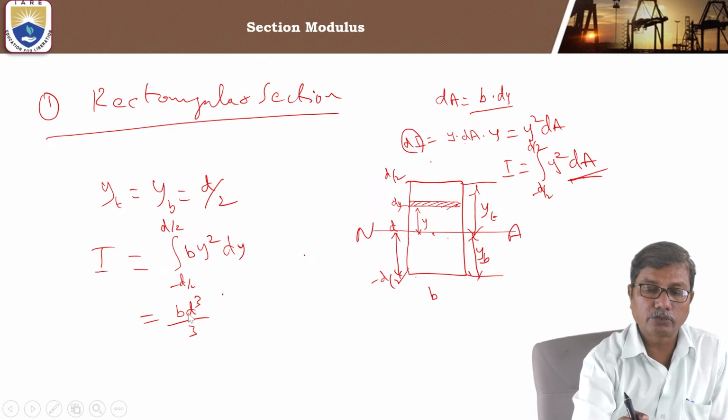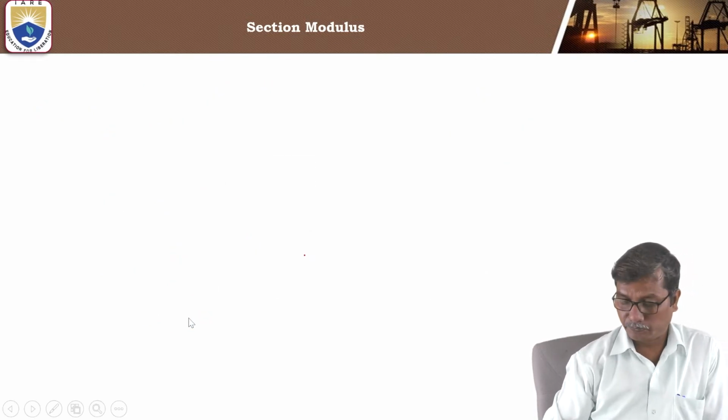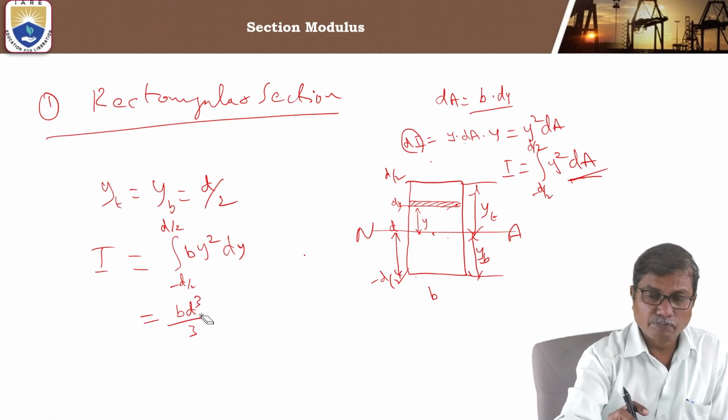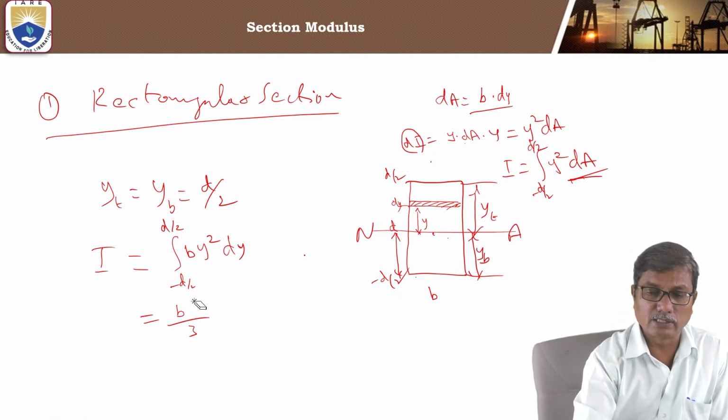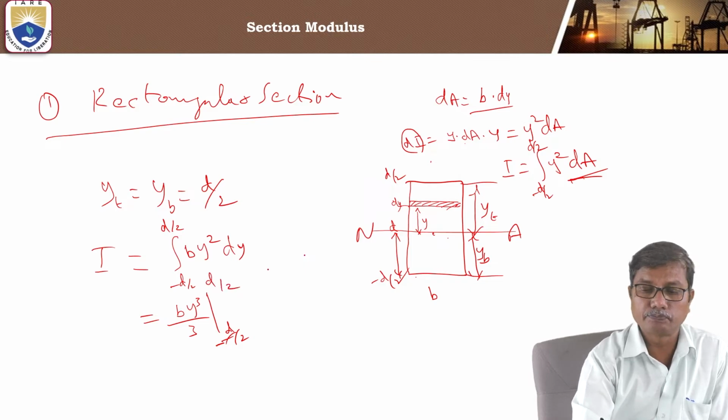So b y cube by 3 between the limits minus d by 2 to plus d by 2.